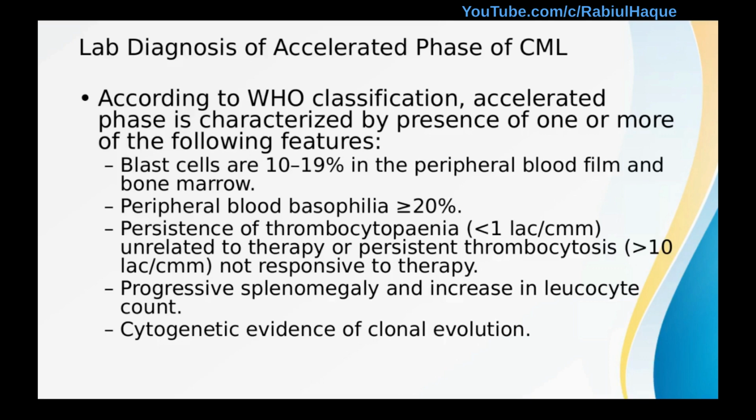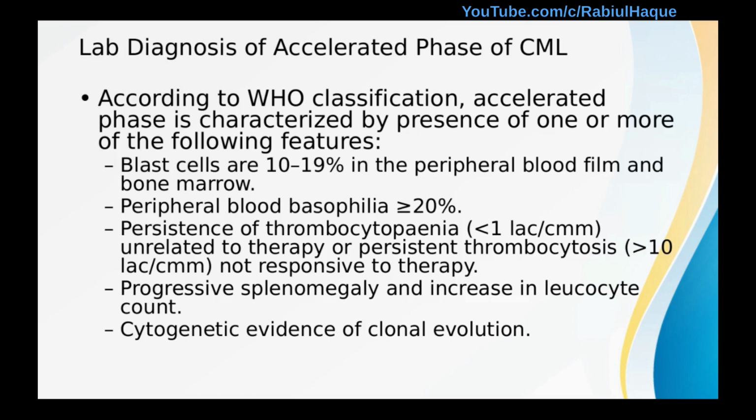Now, according to World Health Organization classification, the accelerated phase is characterized by presence of one or more of the following features. Blast cells are 10 to 19% in the peripheral blood film and bone marrow. Peripheral blood basophilia more than or equal to 20%.